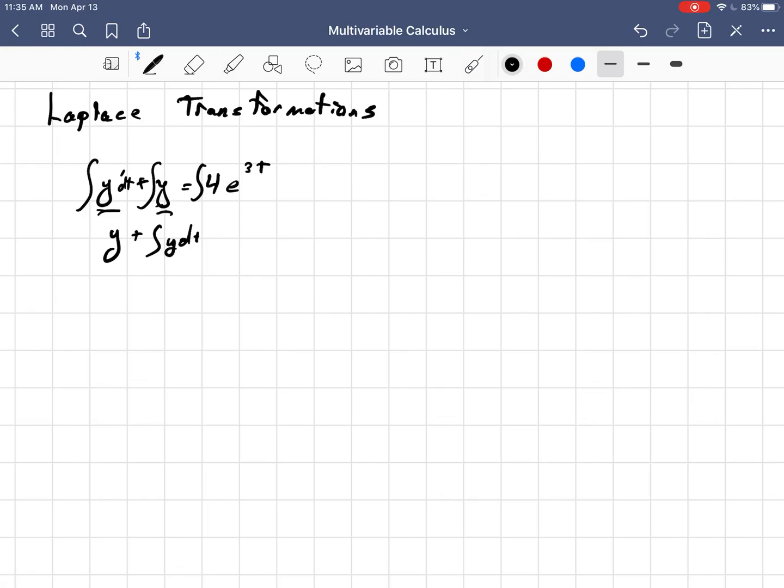So the idea is that I need to integrate y prime more times than I need to integrate y. I could integrate y prime twice and integrate y just once. If there's some formula for integration that lets me do that, then everything could be written in terms of the integral of y, and then it just becomes an algebra problem, and you differentiate at the end to get y.